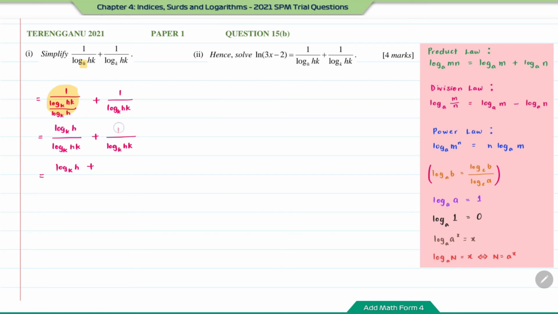So I can change this number 1 into log base k of k. So this will give you the answer of 1 using the law here: log base a of a is equal to 1. Over log base k of hk. So now for the numerator part here, using the product law, I can combine them together as log base k of h times k, which is going to give you hk.